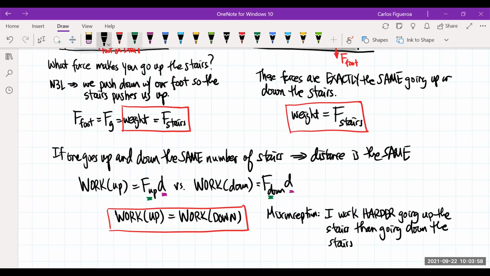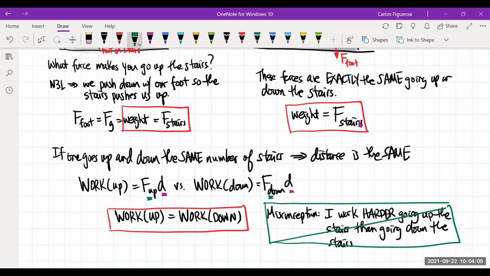And what I'm saying is that this is a misconception. That is not correct.